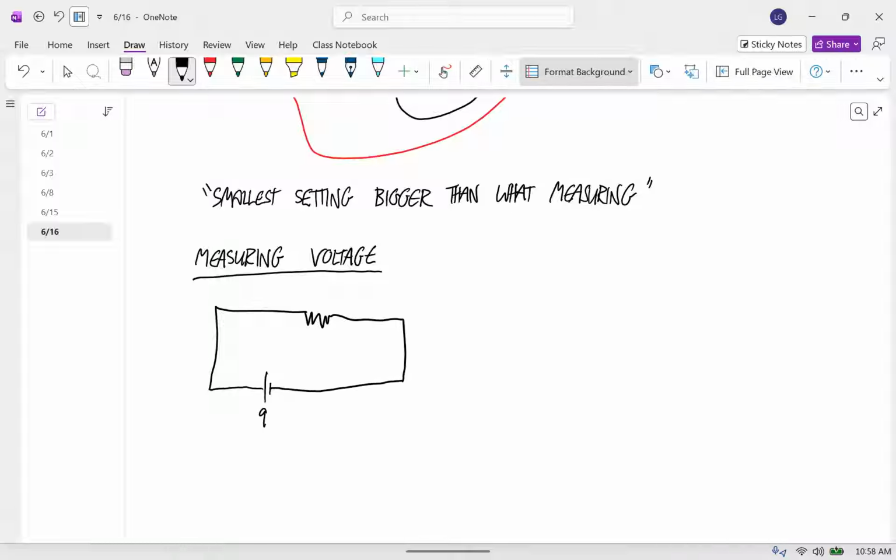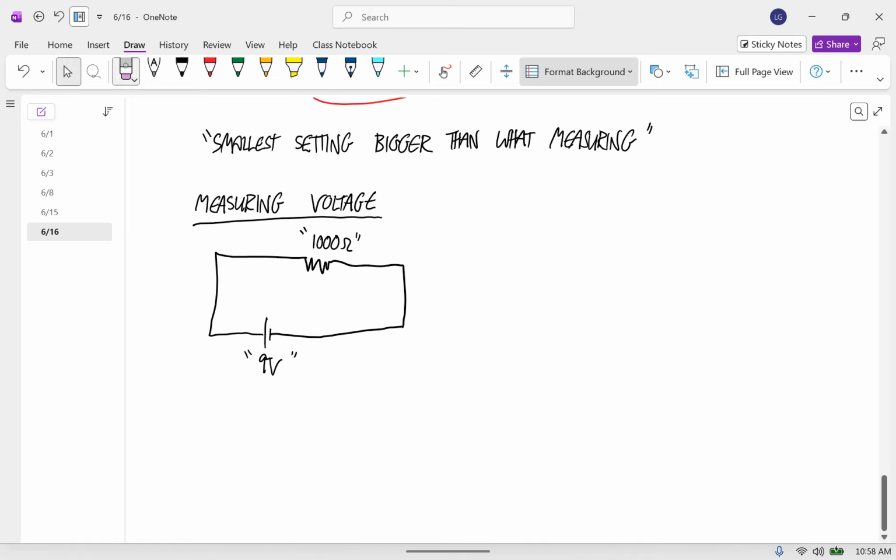We're going to use a 9-volt battery. I'm going to put this in quotes because a 9-volt battery is not exactly 9 volts. And I'm going to use a 1,000 ohm resistor. I'm going to also put that in quotes because we don't know exactly what that is. And actually, let's use the 330 instead of the 1,000. Then you can use the one you just measured.